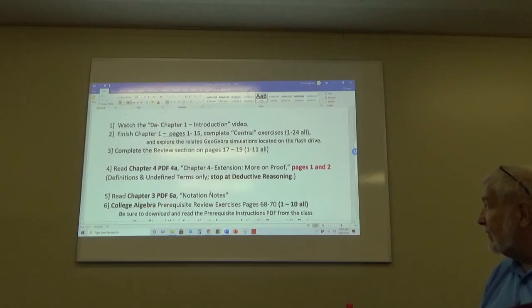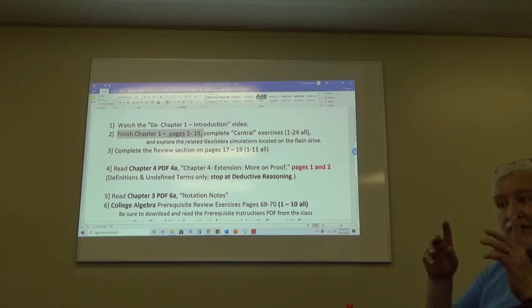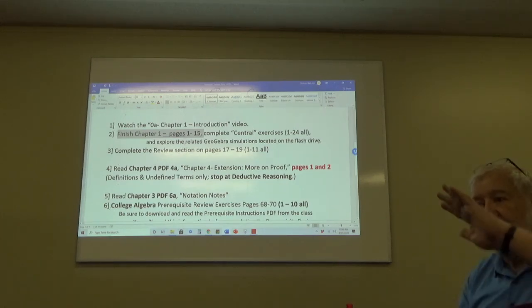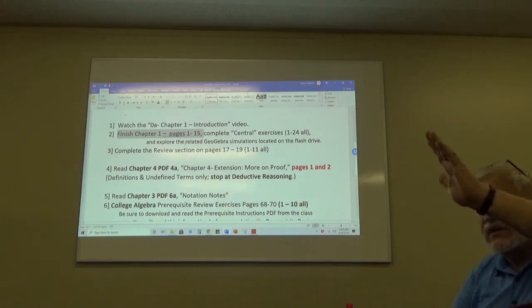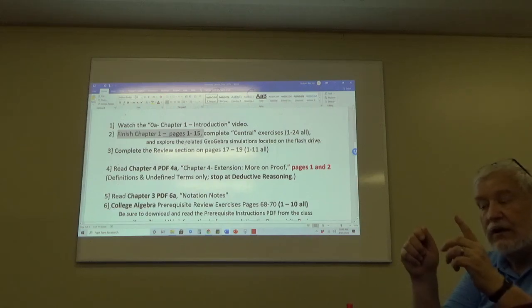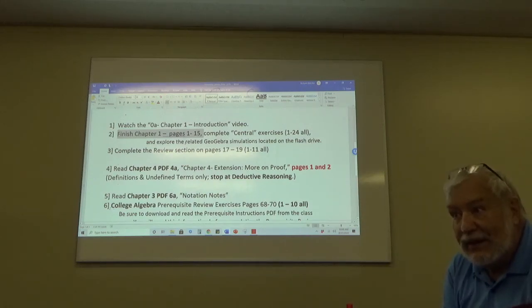All right, so this is what we're supposed to be doing. This is the first week assignment: you're going to do pages 1 through 15. Now, when I did this section, it took me 2 sides of the paper to answer the questions on the whole first 15 pages.